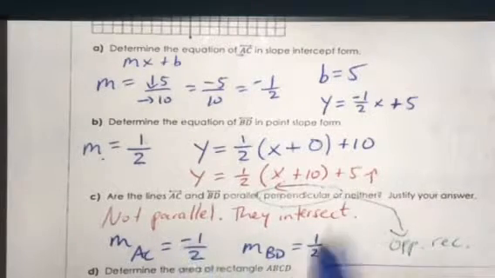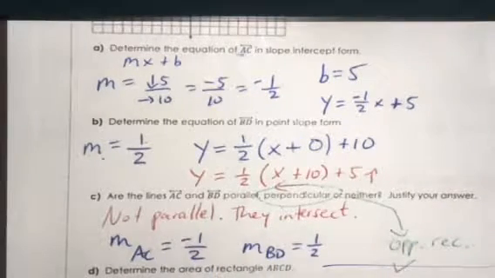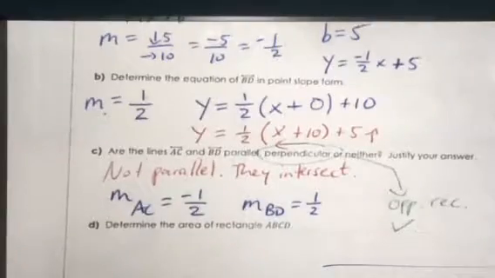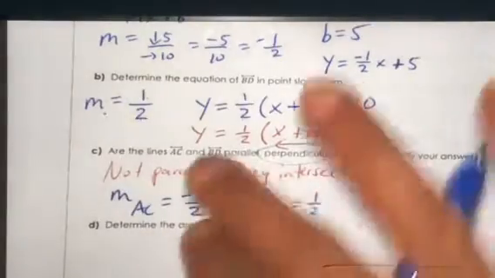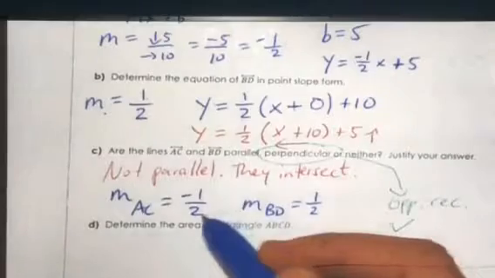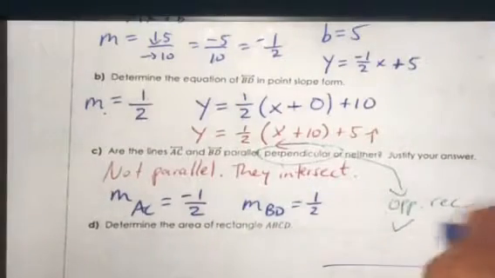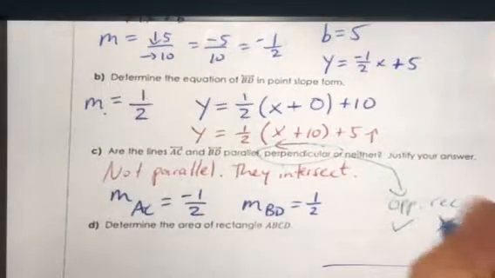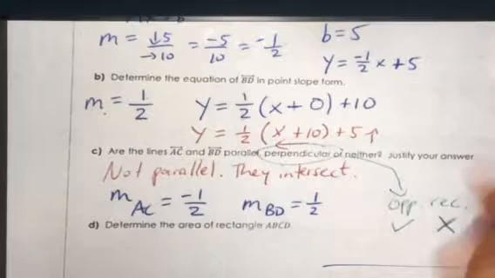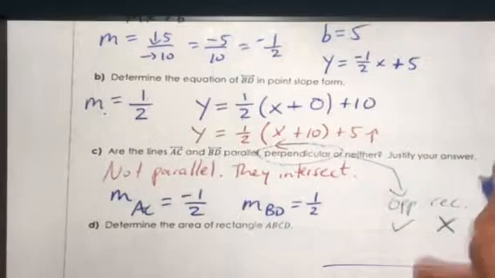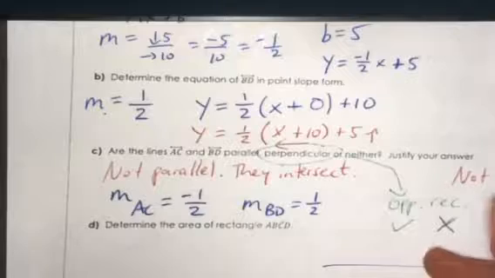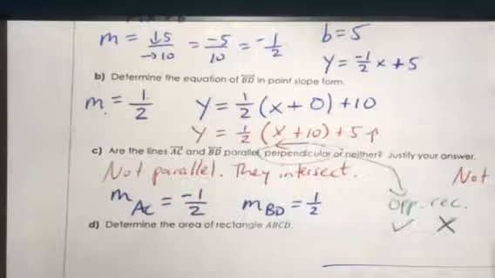So from negative to positive, we have opposite. But reciprocal meaning we flip the fraction. So we would look for 2 in the numerator. We don't have reciprocal, so these are not perpendicular. Because slopes are not opposite reciprocal.